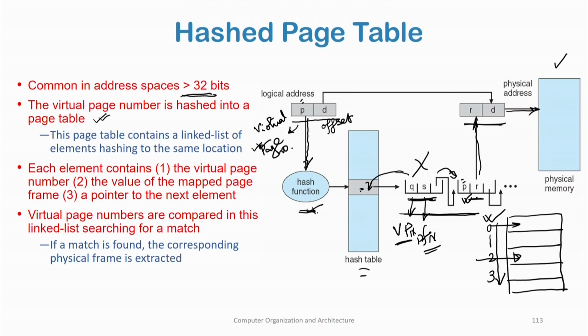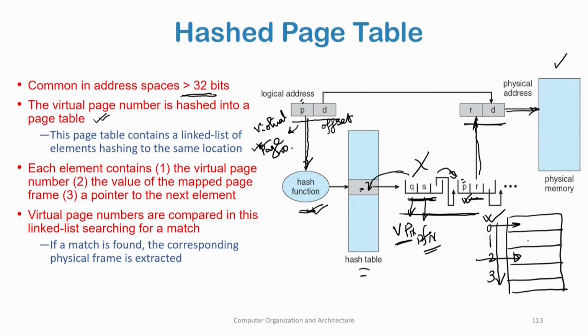But if I did not have this hashing, to search in the page table where my particular page frame will reside, that is made easy by keeping an entry for each virtual page, whether it is in the logical address space of the process currently or not.